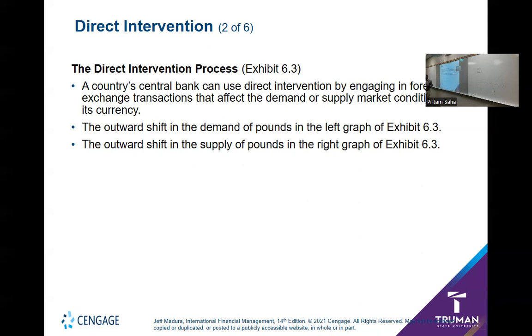US government has reserves for both pound and dollar. Okay. Now the US government wants the pound to appreciate. What should the US government do as a direct intervention so that the pound appreciates and the US dollar depreciates?